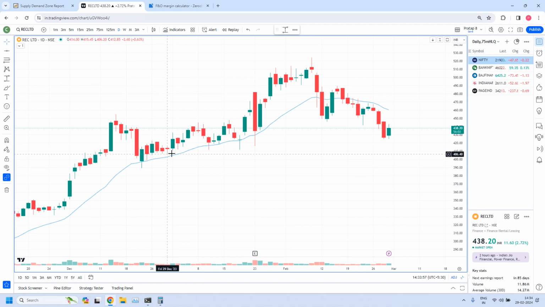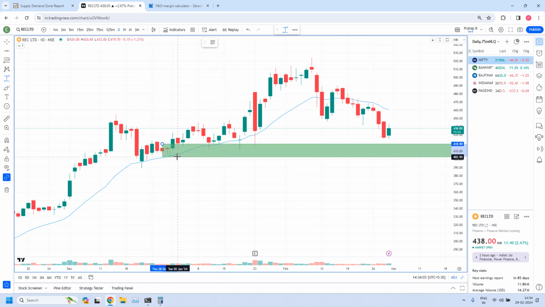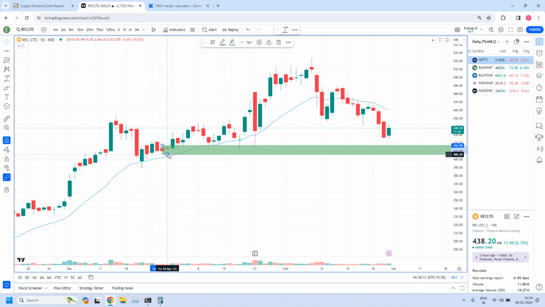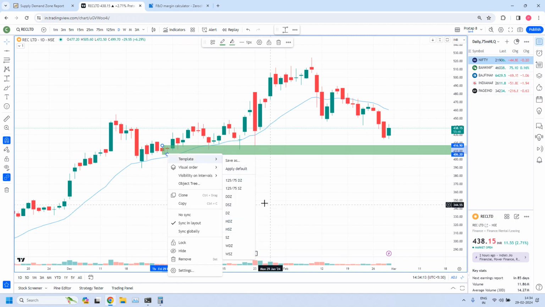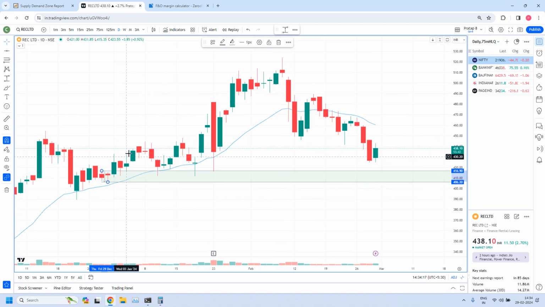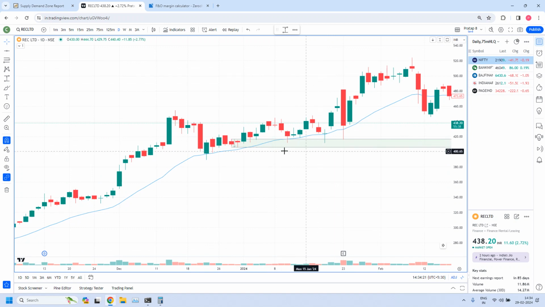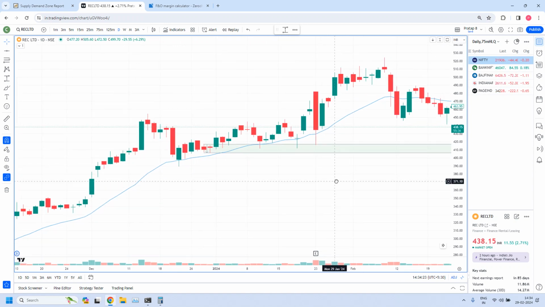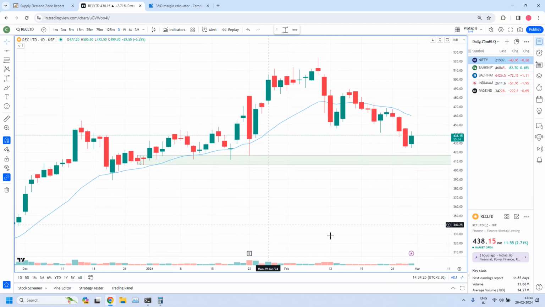We have a drop, two base candles, and a rally. So this is a daily demand zone. See, already see how many times it is tested here. This is a perfect high liquidity zone, this is a daily zone.